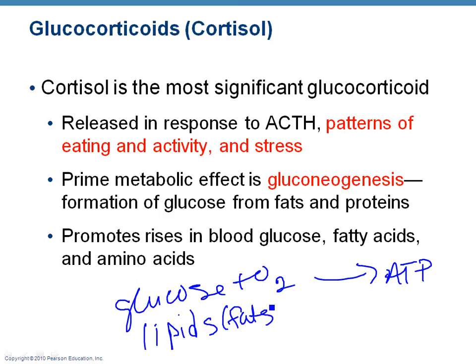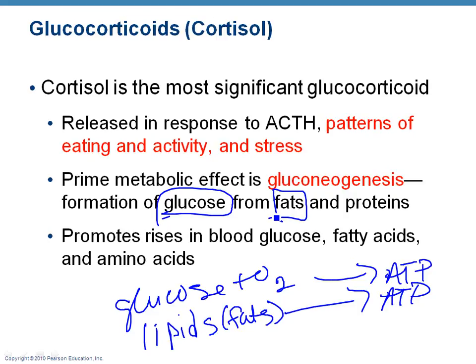And you could turn those into ATP, but it takes a lot longer. There's more byproduct, you need more enzymes. It's more complicated to take a lipid and turn it into ATP than just plain glucose. So that's what this is talking about. We're saying we're making glucose from fats and proteins. This is to maintain the amount of glucose that you have in your bloodstream.